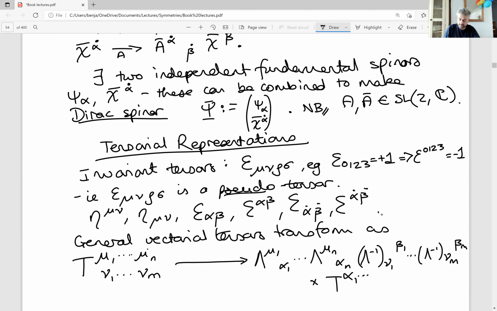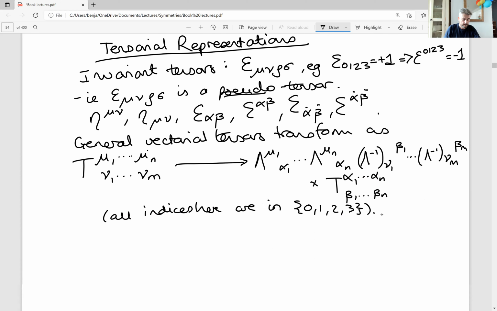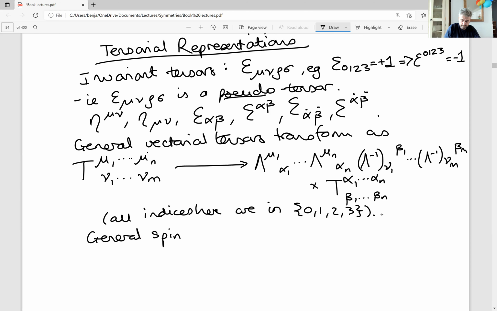Times t alpha 1 to alpha n, beta 1 to beta n, where all of these indices are in the set 0, 1, 2, 3. So for a general spinorial representation, we lower all the indices using epsilons first.